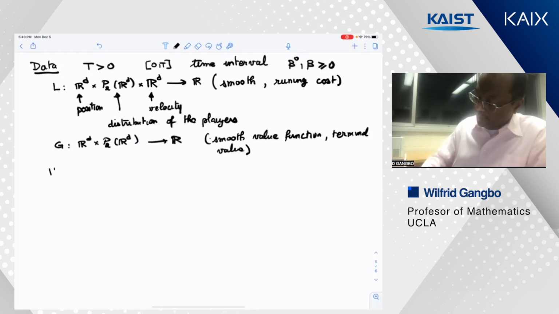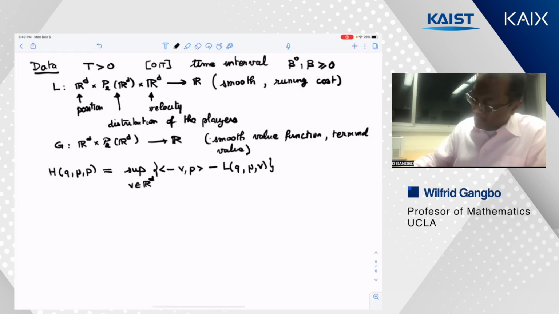From the Lagrangian, I can define a Hamiltonian H of q, mu, p. This is the supremum over v in R^d of the inner product negative v, p minus L of q, mu, v.